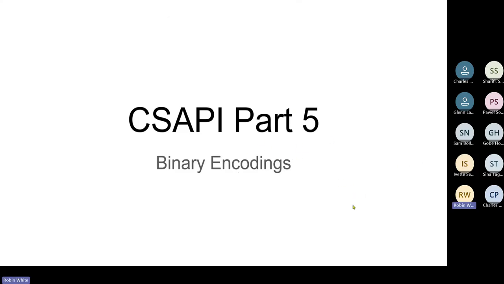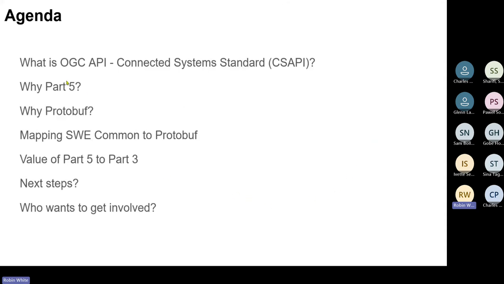Okay, so this will be somewhat foundational, but hopefully there will be information that is useful to at least some people here. I'm going to assume some basic understandings of the Connected Systems API broadly, but I'll have some fundamentals slides up during the process for the recording either way.